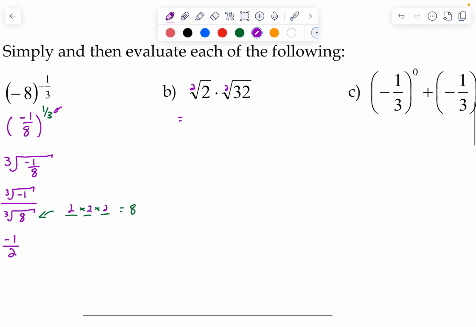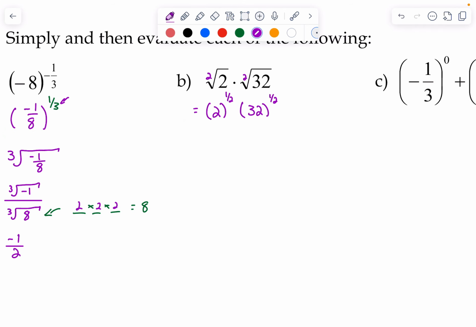So if I'm asking you to take the second root, I can rewrite that first one as 2, the base, put to the 1/2. You could think of a square root as putting something to the exponent of that fraction, or 1 over that root. Okay, so now you have 2 to the 1/2, 32 to the 1/2.